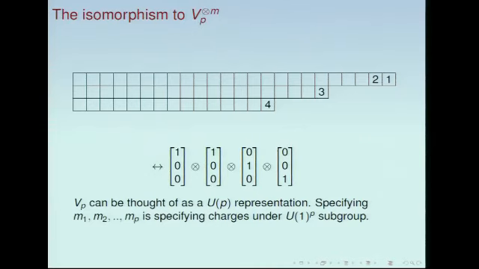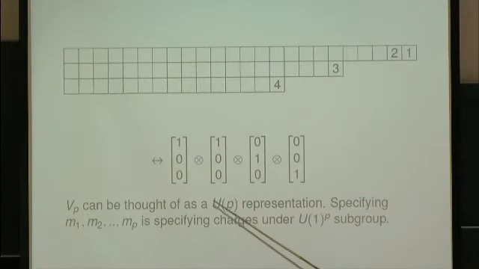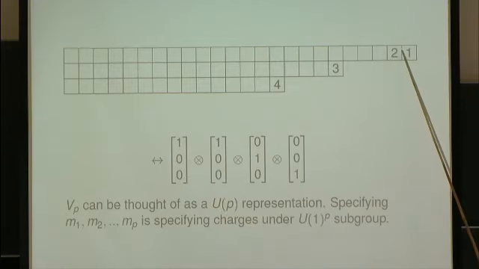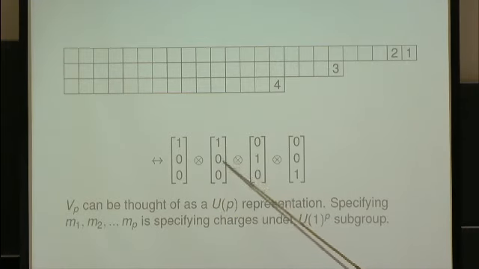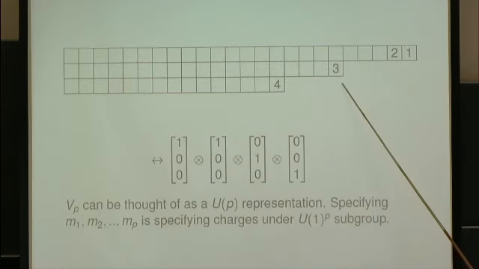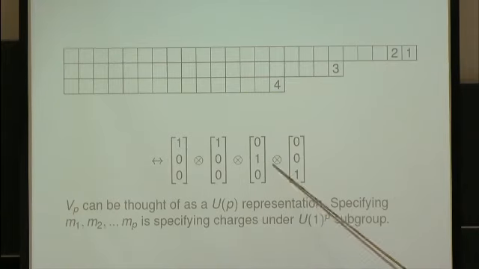Suppose you have a labeling like this, where the number 1 appears in the first row. Then for the first vector here, you put 1, 0, 0. The number 2 also appears in the first row, so for the second vector you put 1, 0, 0. The number 3 appears in the second row, so you put 0, 1, 0.